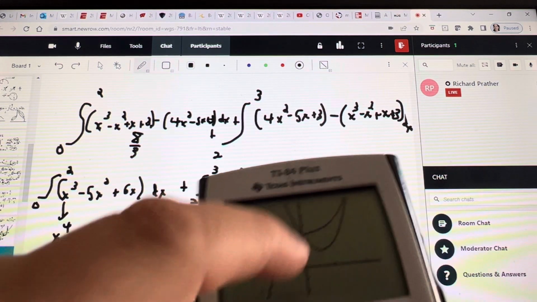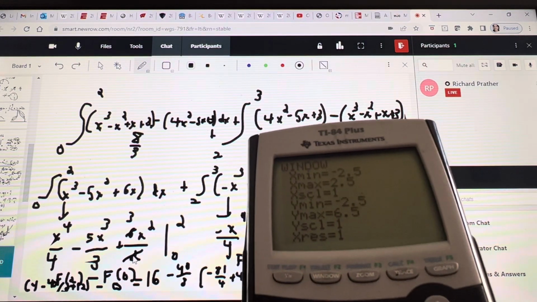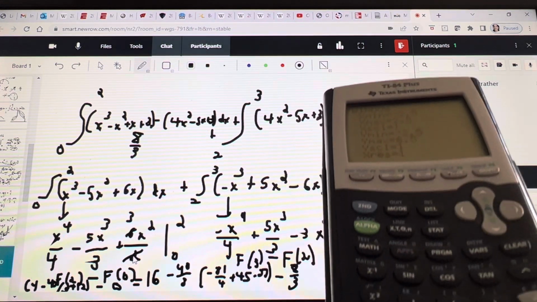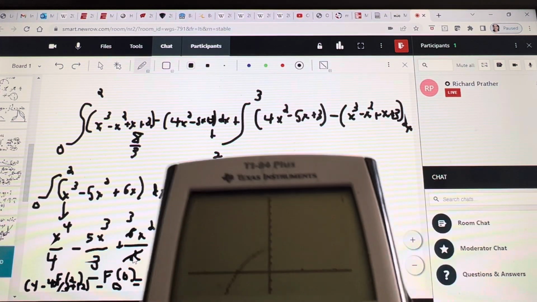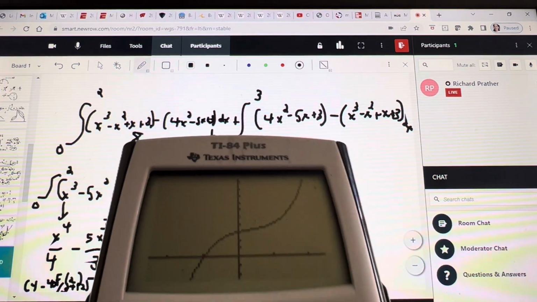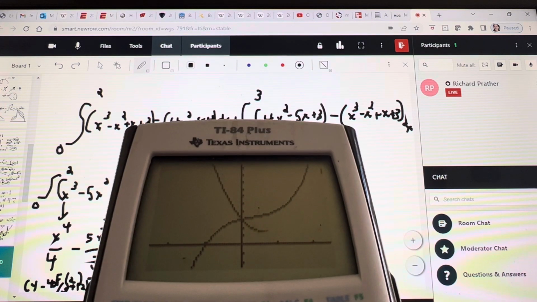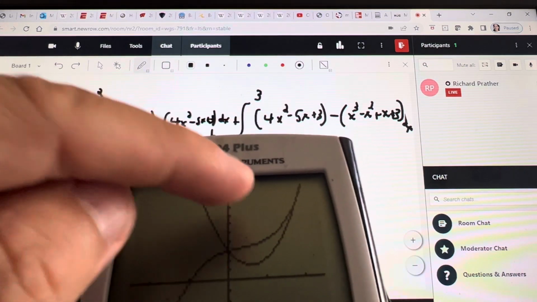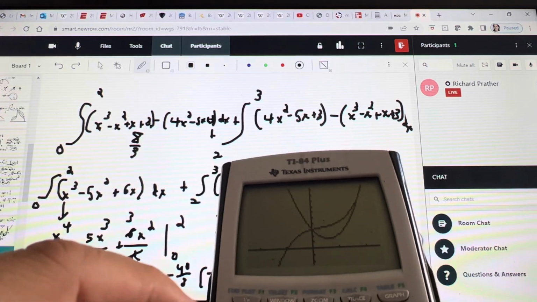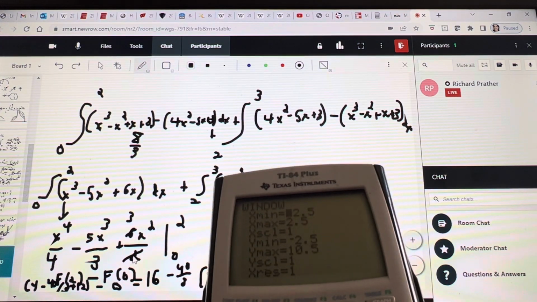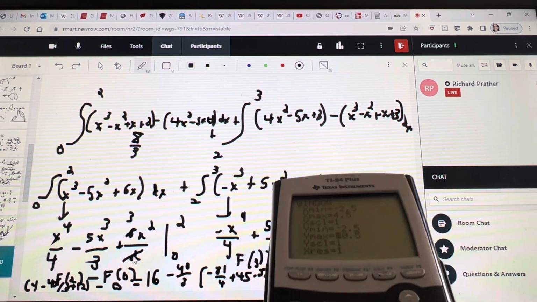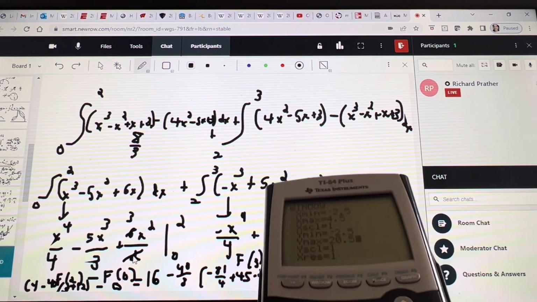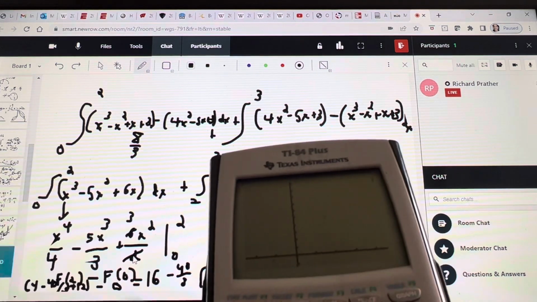See, it's whatever's going on over there. I can't see it. Let's get that up to maybe 10.5. So there's the cubic, there's the quadratic. It's really hard to tell what it's doing there. So let's go out to maybe 4.5 and 20.5 and go by 2s. Graph.